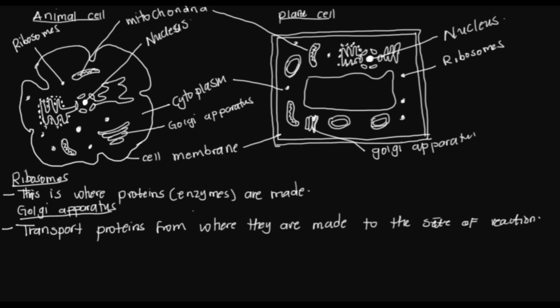And the same proteins or enzymes may be needed in some areas for certain chemical reactions. Now, for these enzymes to move from where they are made to the site where they are needed, the Golgi apparatus comes in to work as a transport. So therefore, they are just transported.